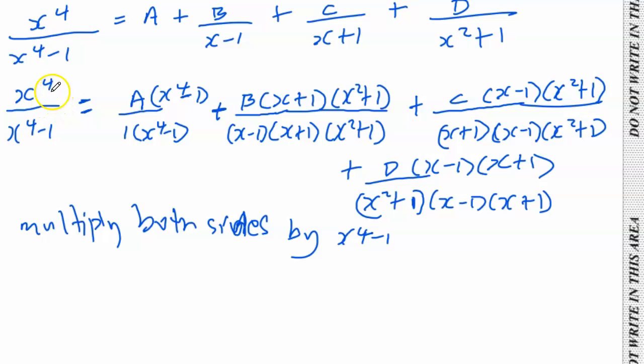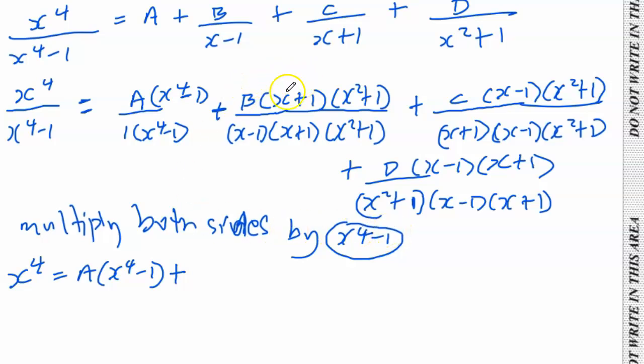So on the left hand side, I'll only have x to the power of 4. On the right hand side, I'll only have a into x to the power of 4 minus 1, plus, just the numerators, because all the denominators are representations of x to the power of 4 minus 1.